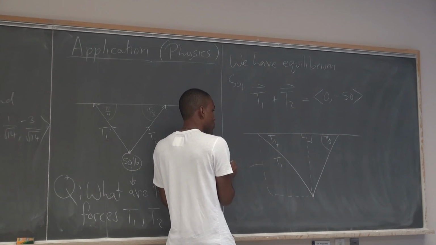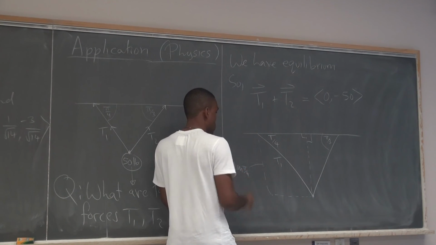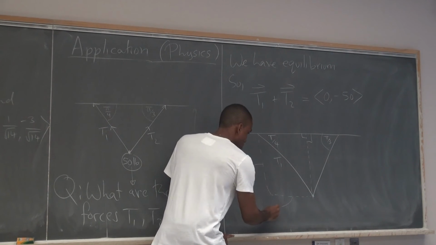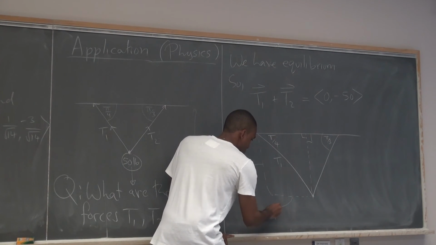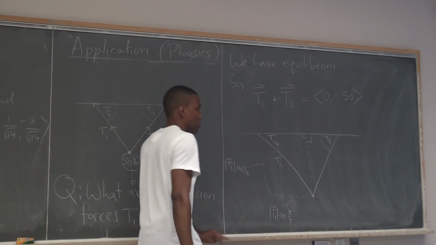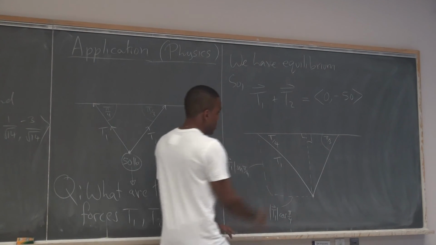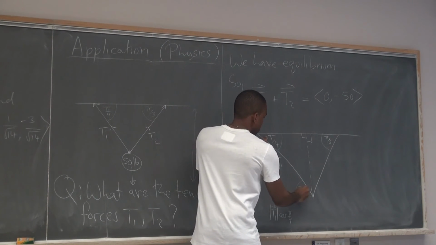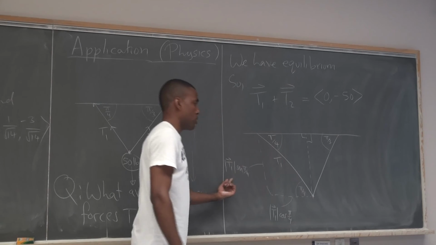This length is the sine one, so that's the magnitude of T1 times sine pi over 4. This guy here will be the magnitude of T1 cosine pi over 4, because this angle is equal to this angle, and SOHCAHTOA helps you figure this out.